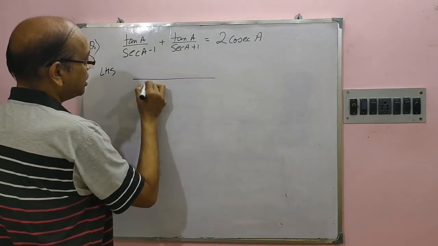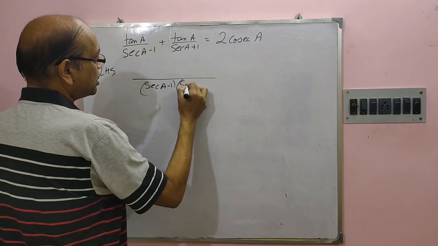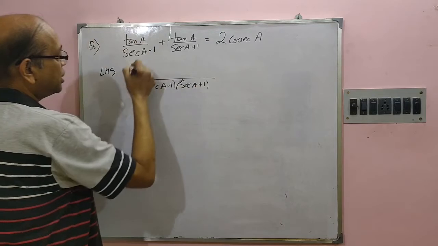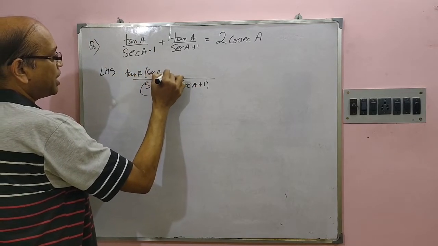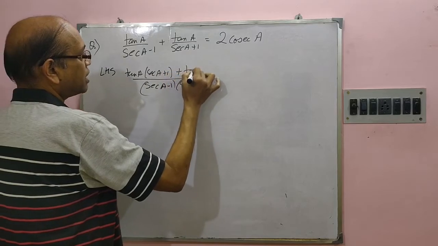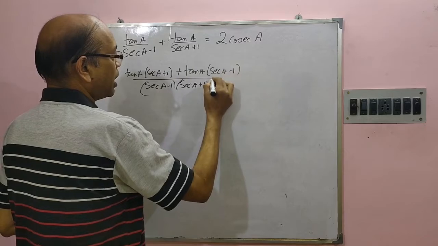Take the LCM, sec A minus 1 into sec A plus 1. Here this is going to become tan A (secant A plus 1) plus tan A (secant A minus 1).